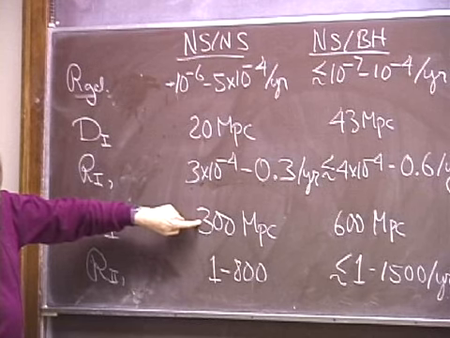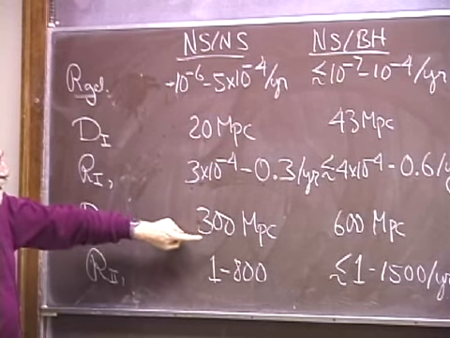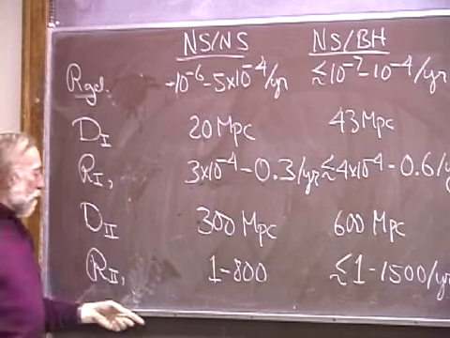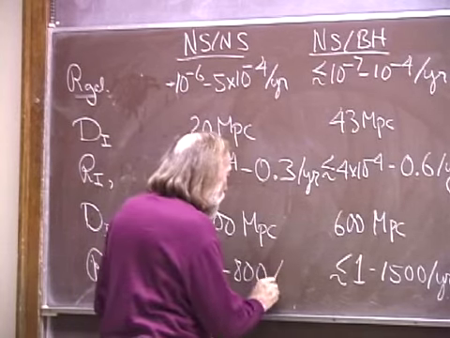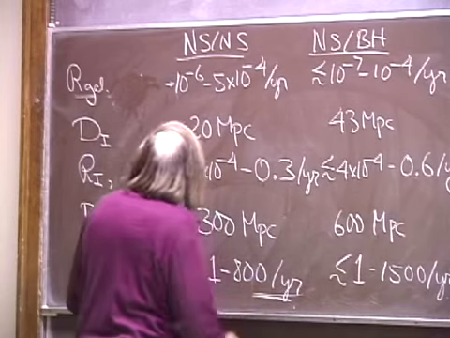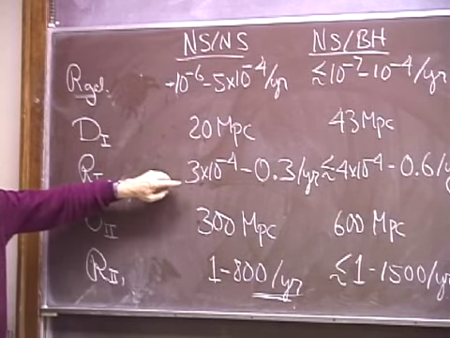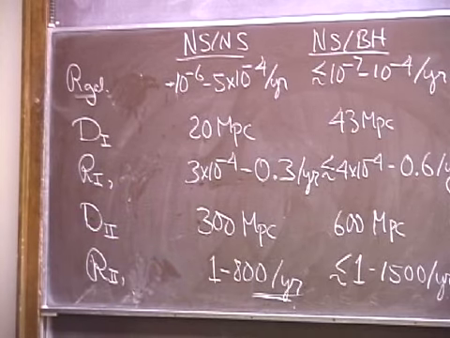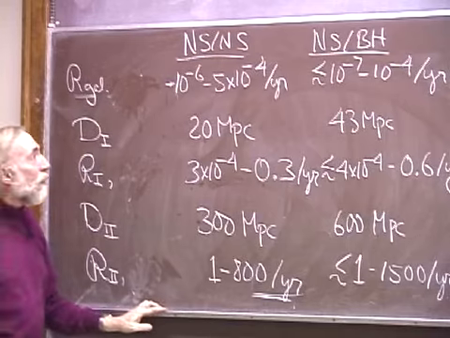Anyway, that was part of your homework. And that corresponds to an event rate between 1 and 800 per year. So you turn on LIGO at the level where if you're lucky you see something, and after the first upgrade you should see a lot, or at least you are really quite confident of seeing something.